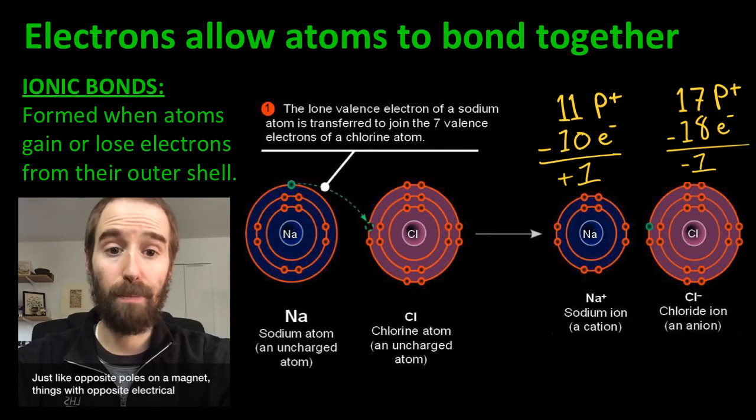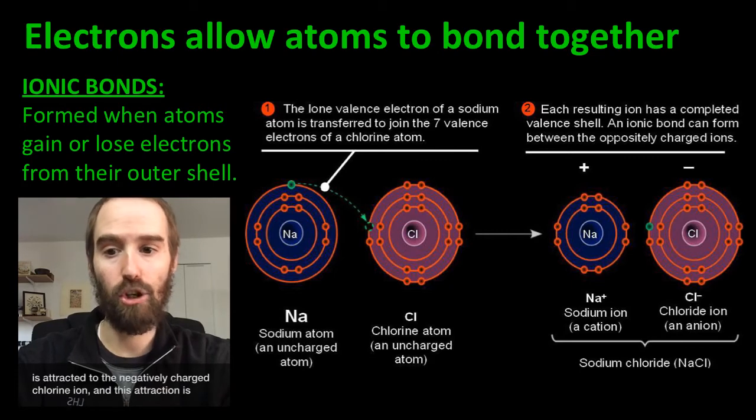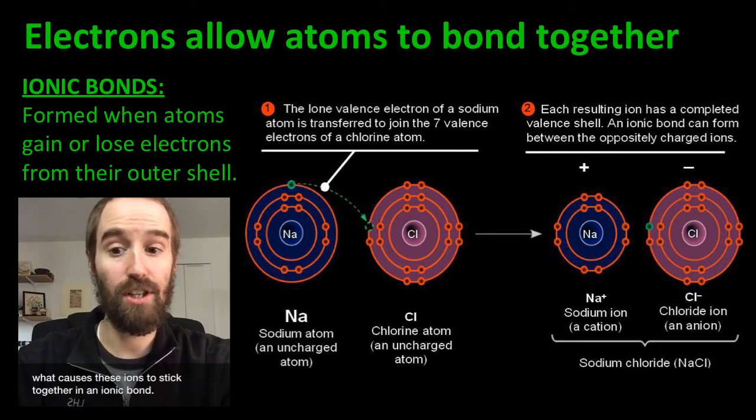Just like opposite poles on a magnet, things with opposite electrical charges are attracted to one another. So the positively charged sodium ion is attracted to the negatively charged chlorine ion, and this attraction is what causes these ions to stick together in an ionic bond.